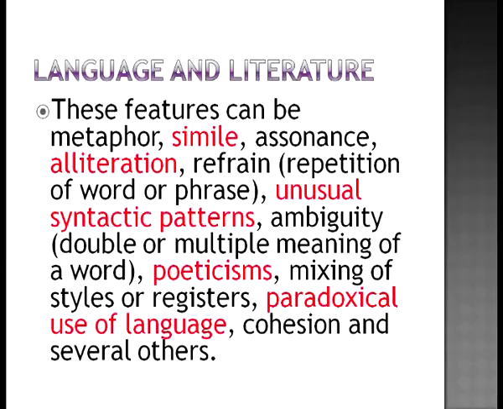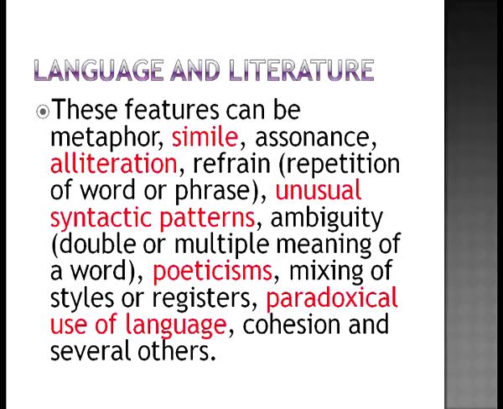These features can be metaphor, simile, assonance, alliteration, refrain, that is the repetition of a word or phrase, unusual syntactic patterns, ambiguity, that is the double or multiple meanings of a word. A word may mean several things, and that is called ambiguity.